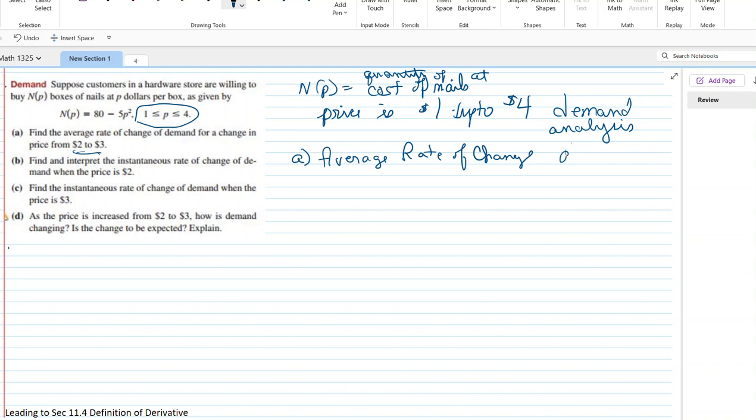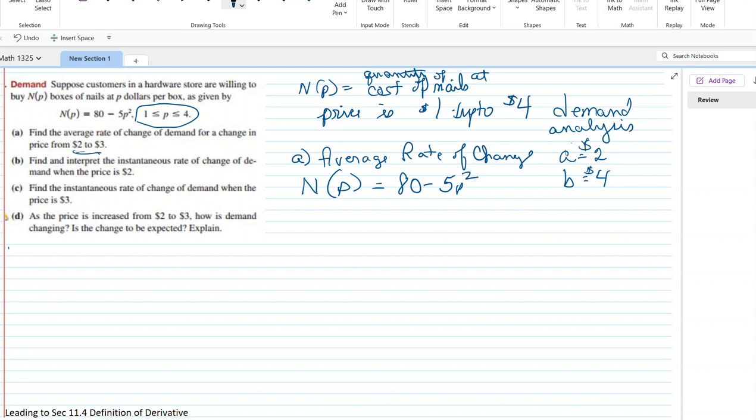So here our A is 2 and our max is $4. How much will the demand be? How many people will buy this product? So let's look at it. Let's say N of P equals 80 minus 5P squared.